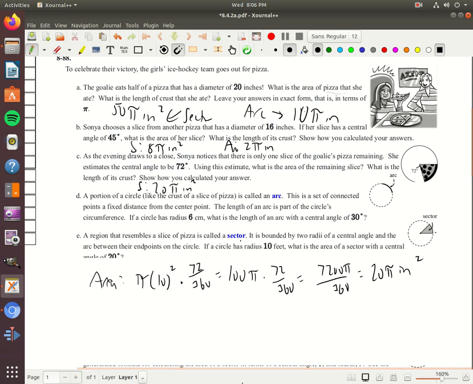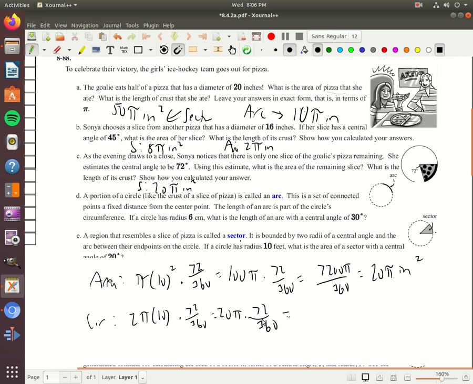And again, if you're not comfortable with that, multiply 100 times 72, divide it by 360, and you'll see that you still get 20 pi. Now, if we want to know the circumference, it's going to be 2 pi r times that 72 over 360. So it's going to be 20 pi times 72 over 360.